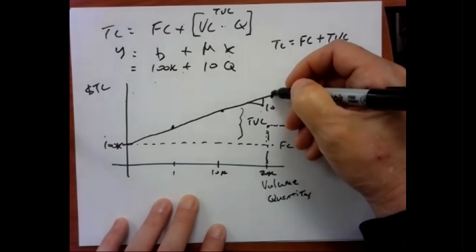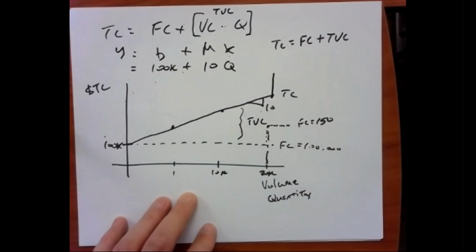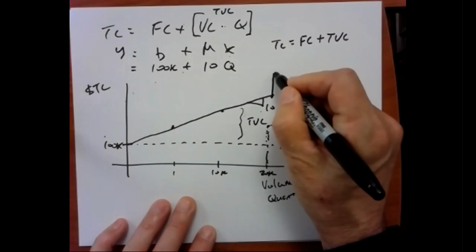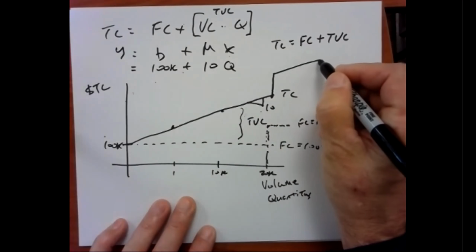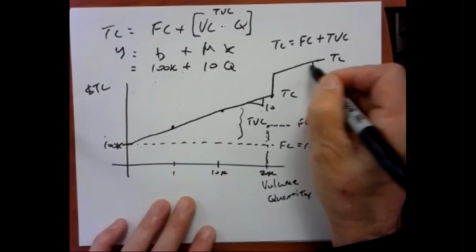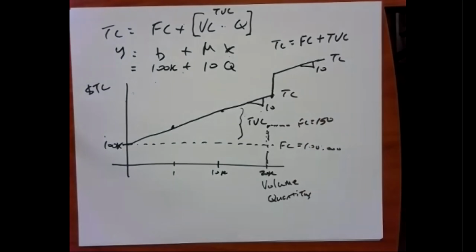And so we would see a commensurate jump of 50,000 in total costs at 20,000. And then we would continue happily on our way with total cost still increasing at 10 per unit. Demo that.